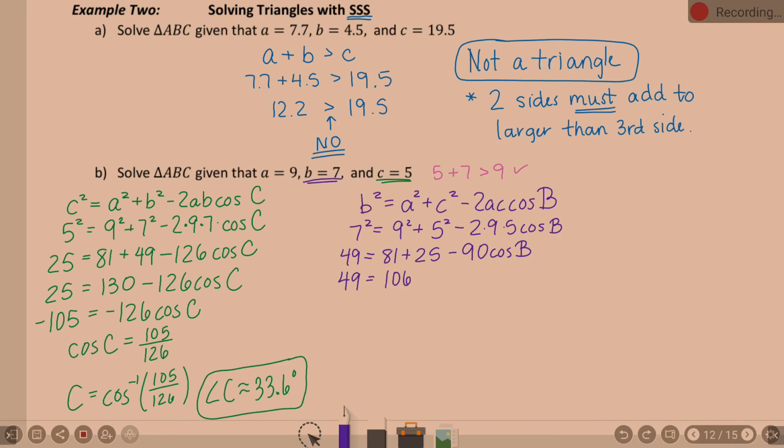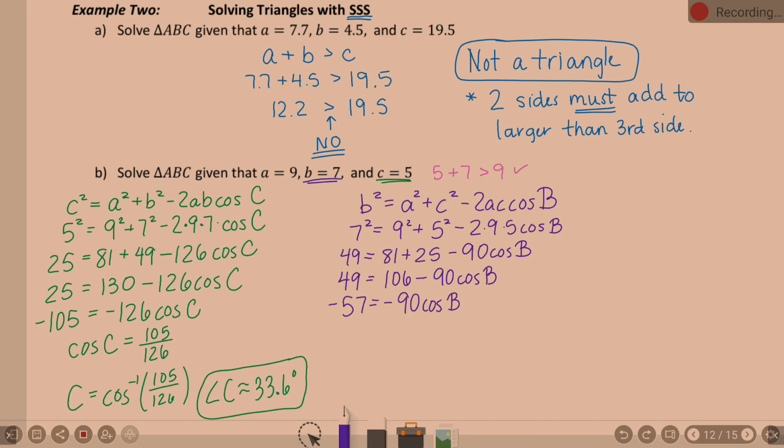I'm at 106 minus 90 cosine B. I'm going to subtract the 106 over. 49 minus 106 is negative 57 equals negative 90 cosine B. Notice again, we have negative equals a negative. So I said that's typical.